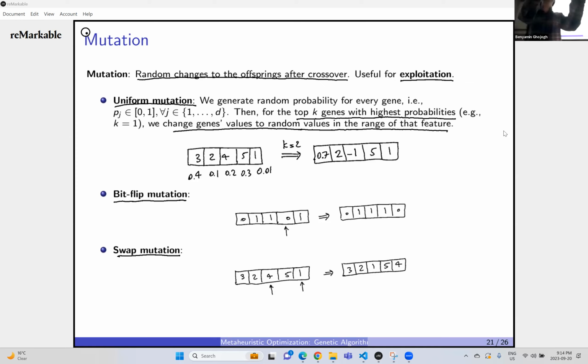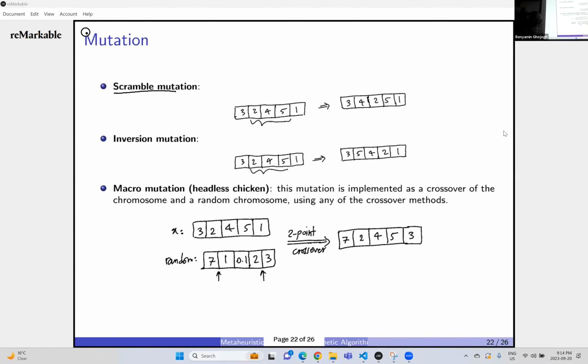So there is no parent here. There is one chromosome, and we're changing that. A scramble mutation: get a part of the features, then scramble their order. Okay. Another one is inversion mutation. Get a part of the features and invert their order.